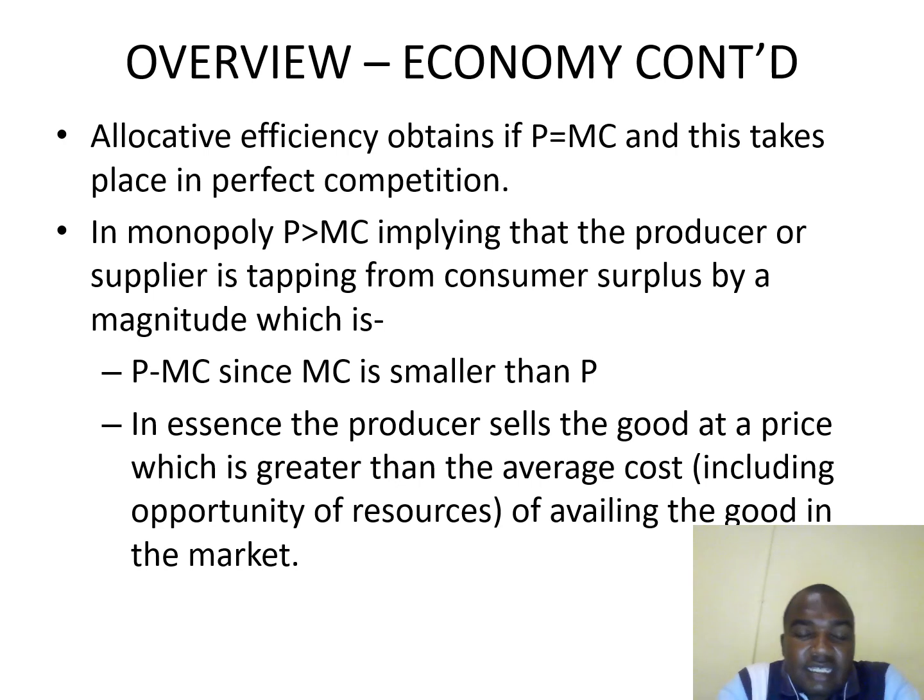In essence, the producer sells the good at a price which is greater than the average cost of producing that good, including the opportunity cost of resources of availing the good in the market. And this enables the monopolist to realize supernormal profits.